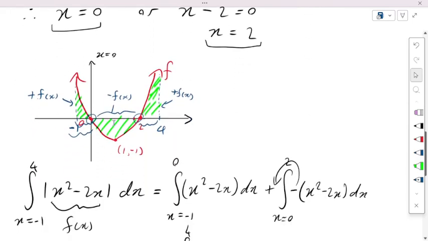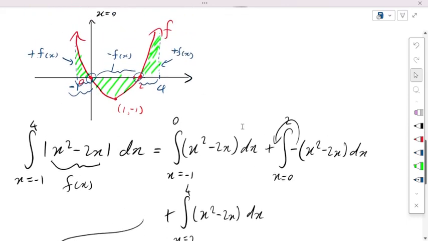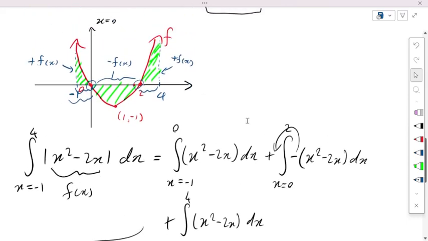Find all the x-intercepts because that's important. And then once you find the x-intercepts, you can use those intervals as your bounds for the integral, for whatever you find the area for, and you can just add all those areas together, right? One will be positive, the other will be negative, and so on and so on. Okay, so that's basically what we're dealing with when it comes to absolute value integrals.